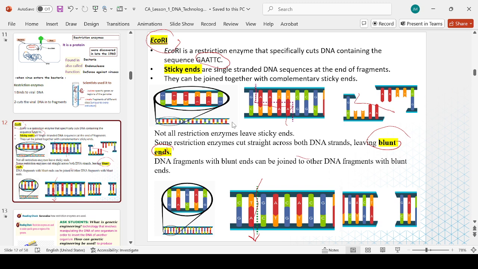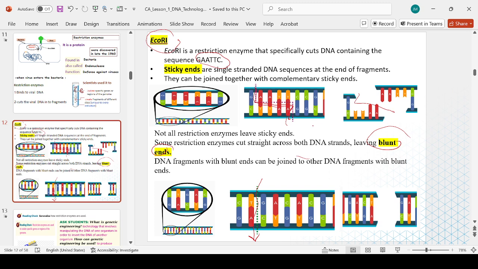Here there are two types of restriction enzyme. One is EcoR1. They make sticky ends. They cut from a specific place in DNA. We call it GAATTC. They produce this area.